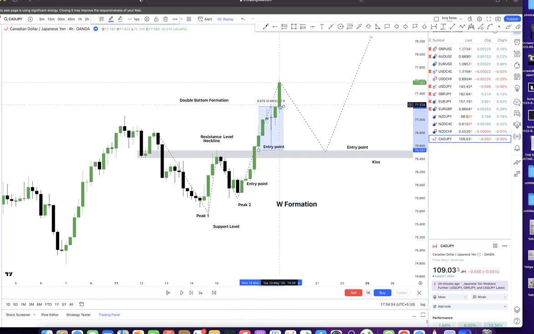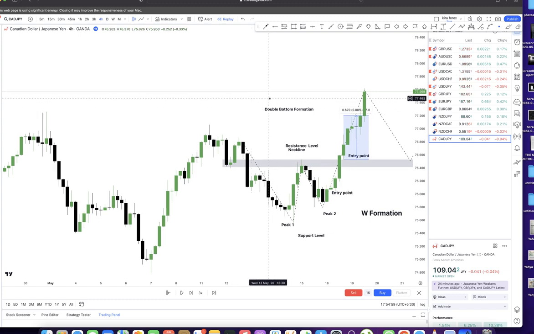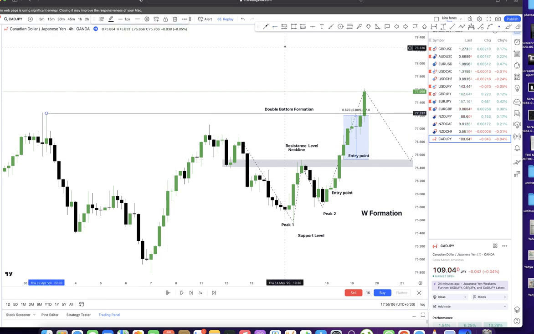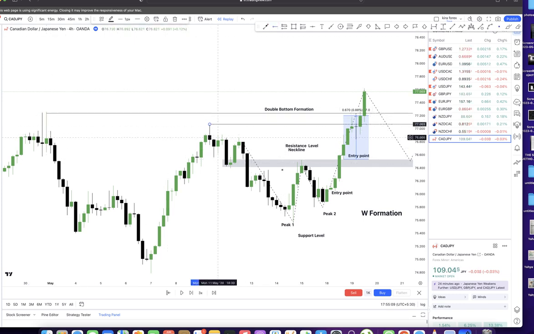So your second take profit will be here, or the nearest support or resistance, or the previous high, which will be around this point or this point.